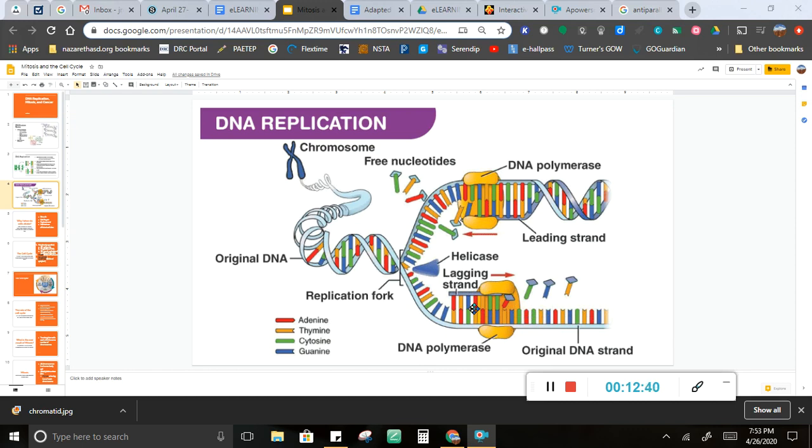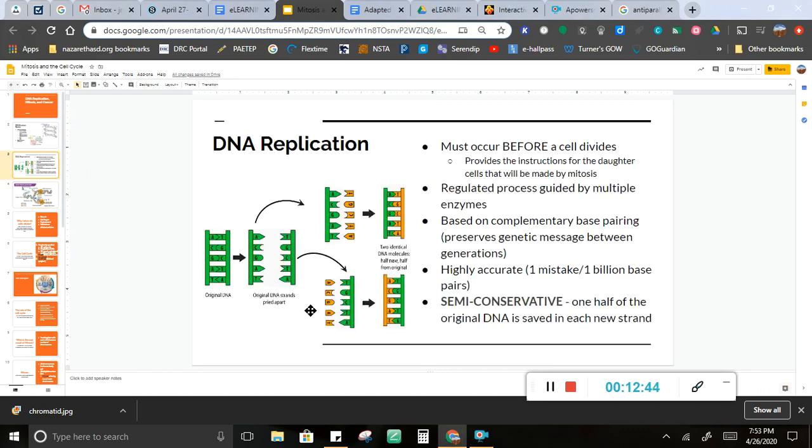But at the end, if I go back to this picture here, we have two identical DNA molecules. Nothing has changed about the message. The cell didn't change up the base pairs, the order or arrangement. Two genetically identical DNA molecules that are going to be half original DNA and half new DNA.